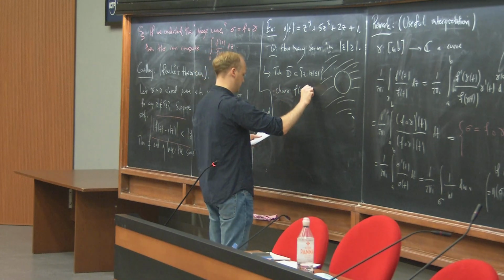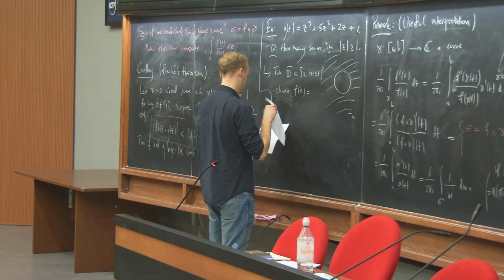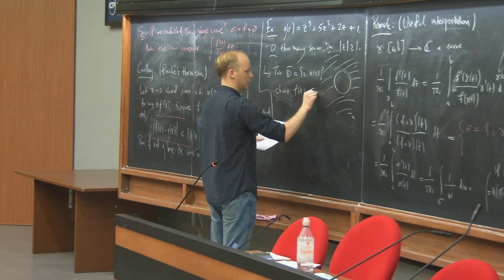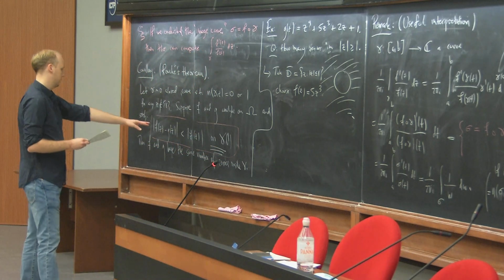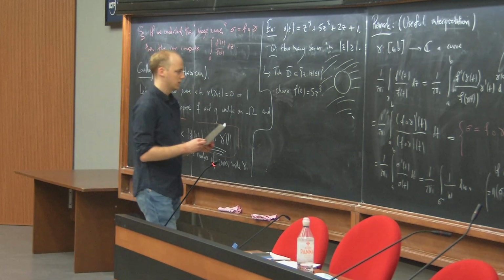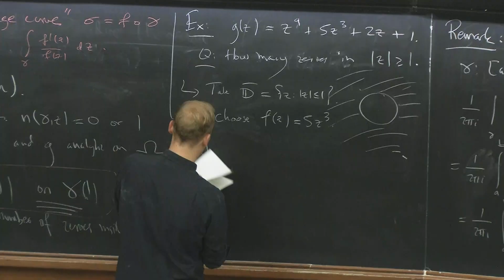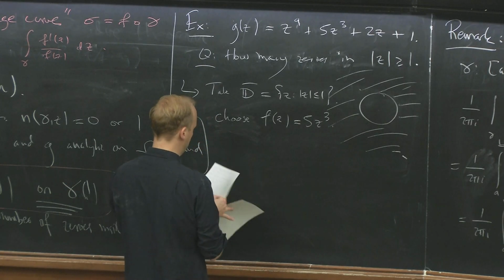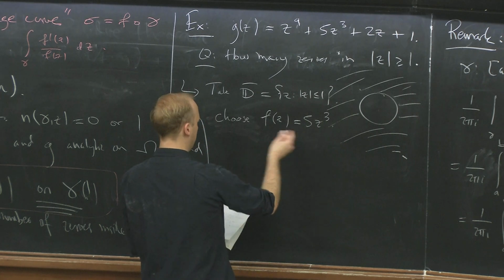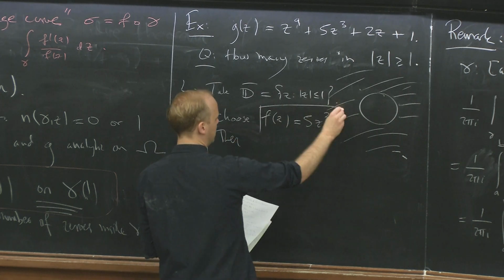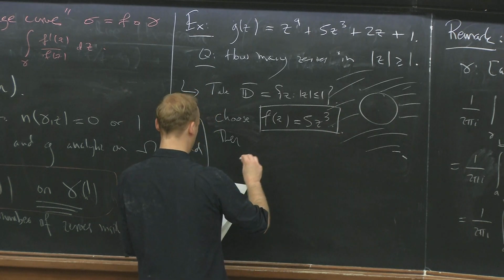So I will choose it to be 5z cubed. And then you can check that this condition will hold. So I choose f like this on the disk.